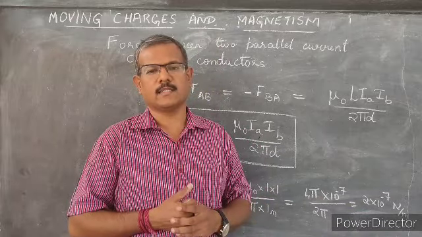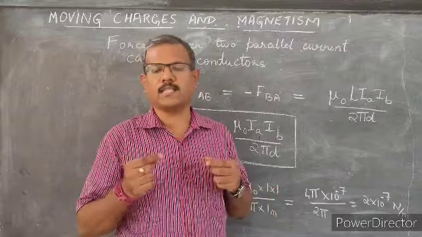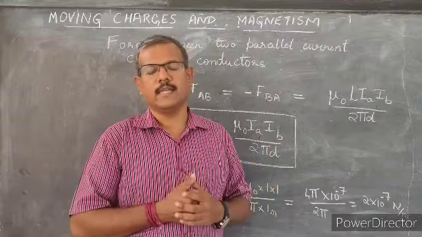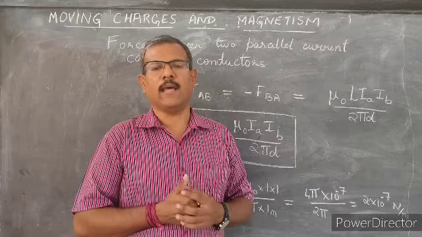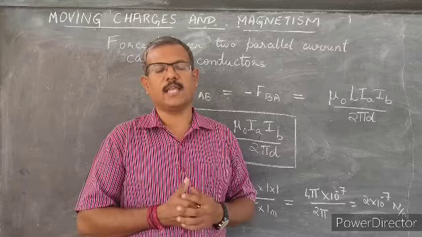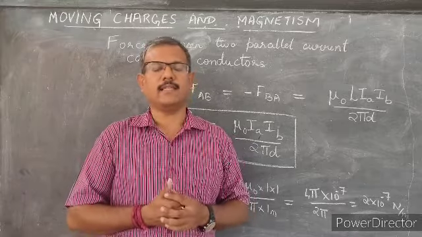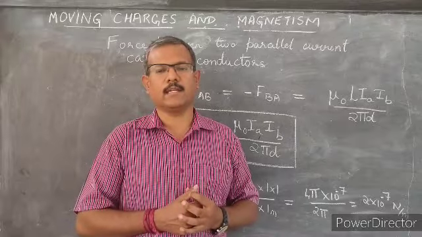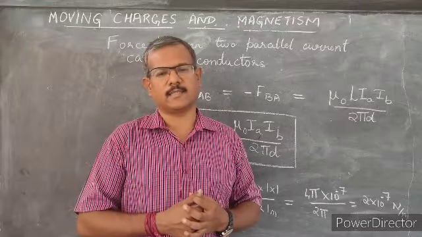When this happens, then the amount of current that I pass through both the conductors is said to be exactly 1 ampere each. So this is how scientists arrived at the standard definition of the ampere back in 1946.